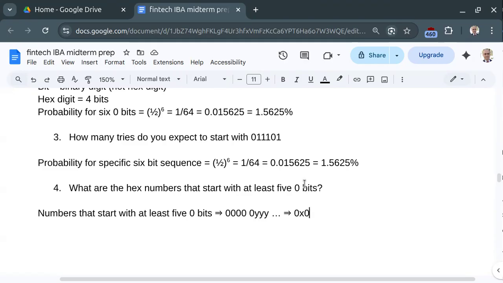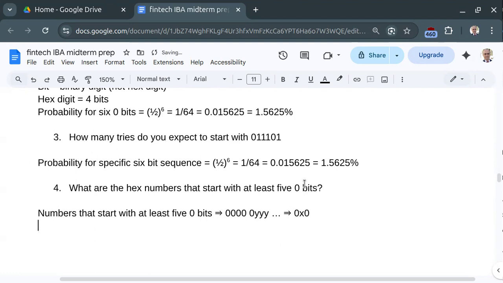They will be any number, like for example 0. Is hexadecimal 0 starting with a 0 to the left? The answer is yes, right? If I have a 0 hexadecimal, that's 4 binary zeros. So that's going to start with a 0 to the left.